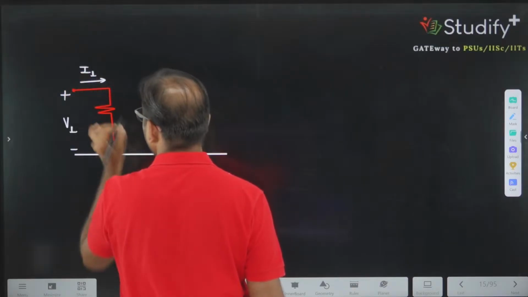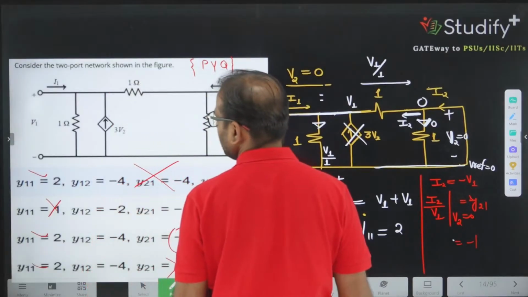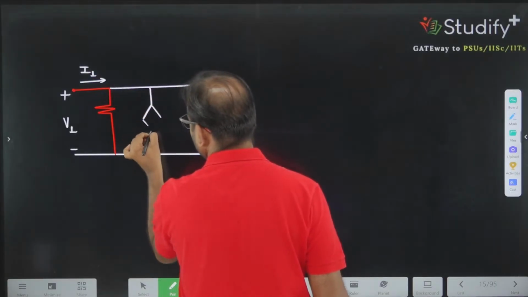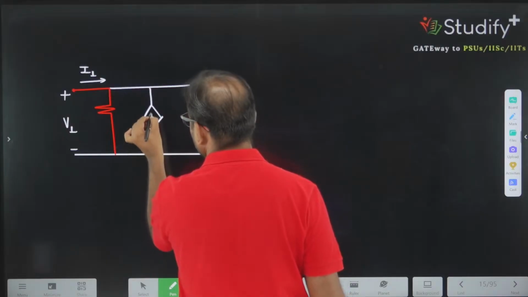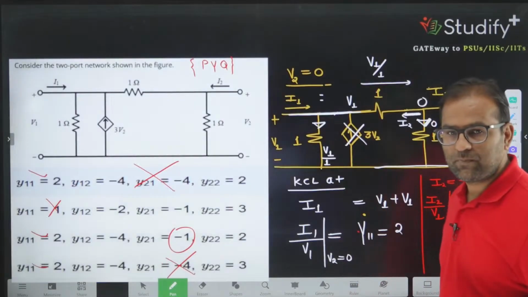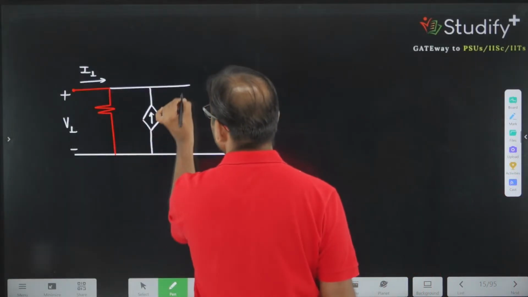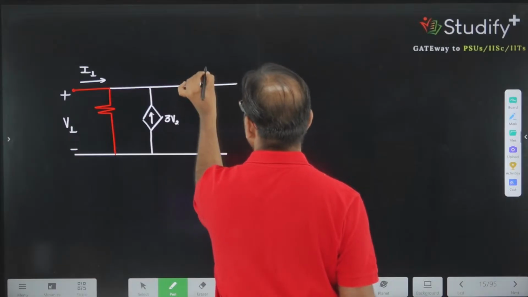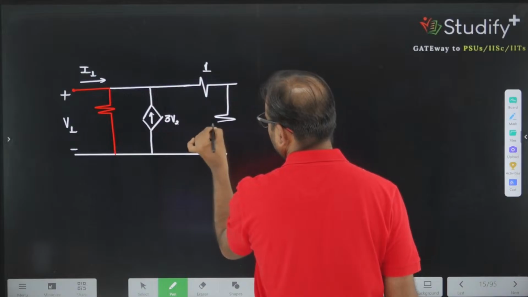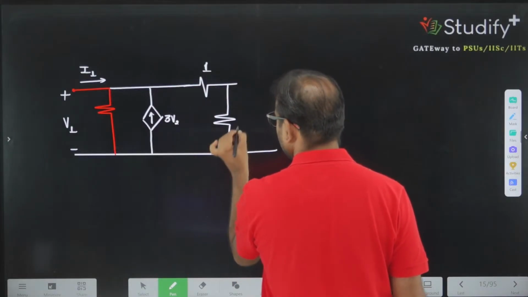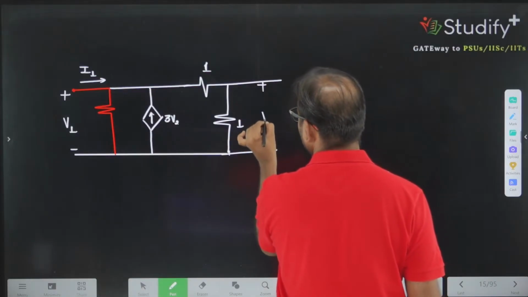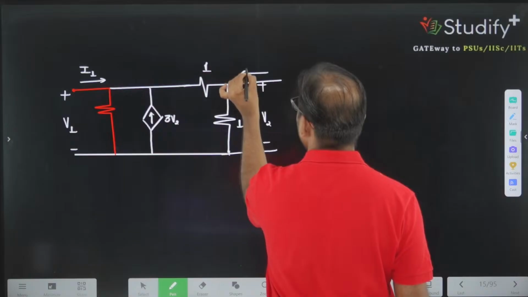This value is I1. This value is V2. This value is 1, and this value is also 1. This value is V2. This value is I2.